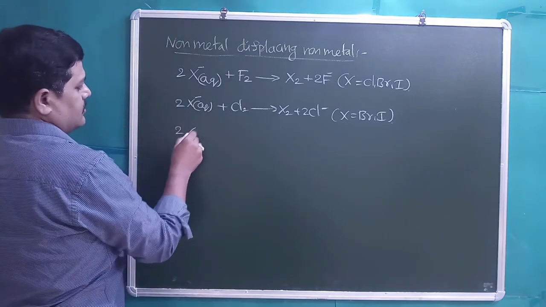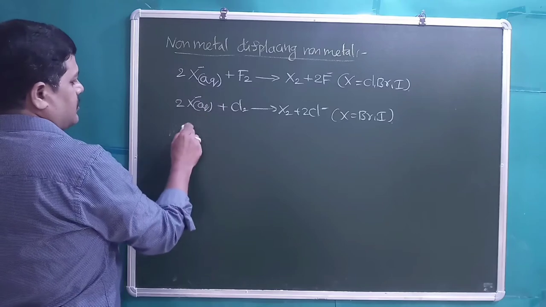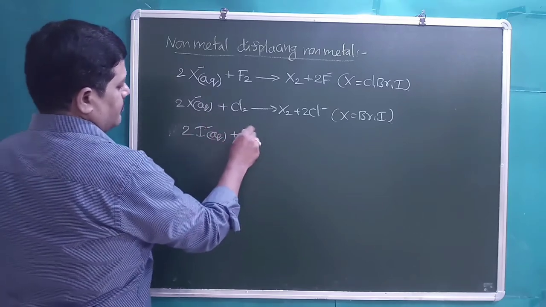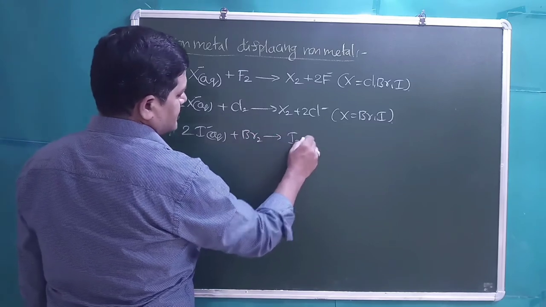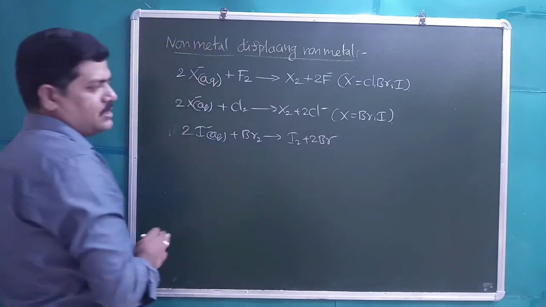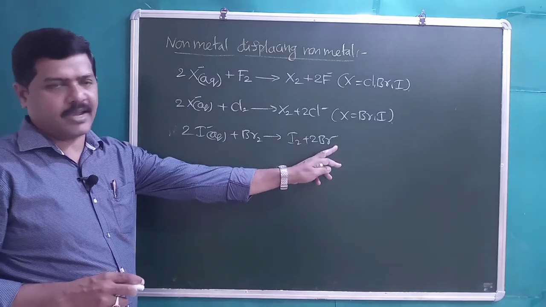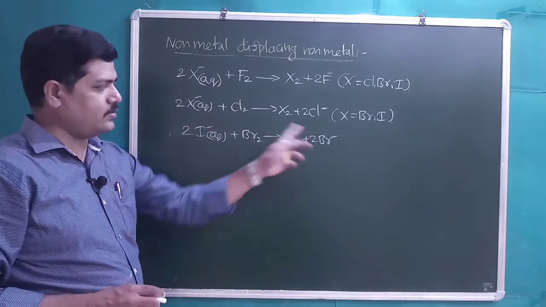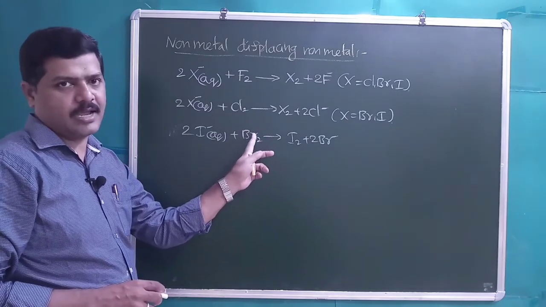Iodide, 2I minus aqueous plus Br2, gives rise to I2 plus 2Br minus. But the reverse of this reaction is not possible. That means I2 cannot oxidize Br minus into Br2, but I minus can be oxidized into I2 by Br2, because Br2 is more reactive than I2.